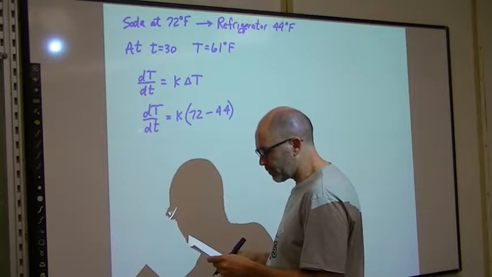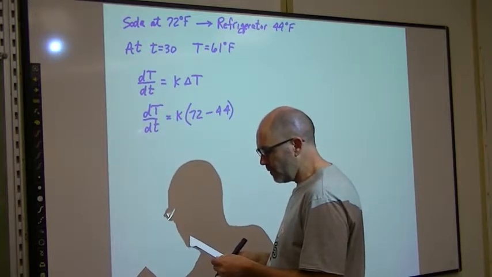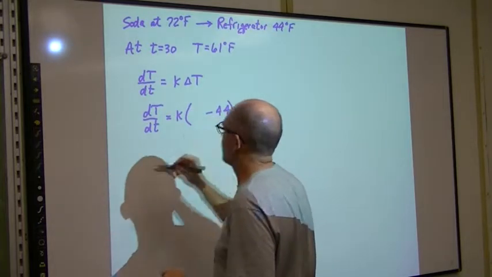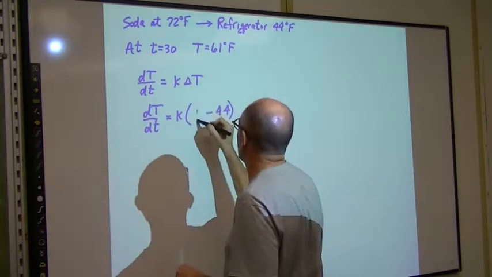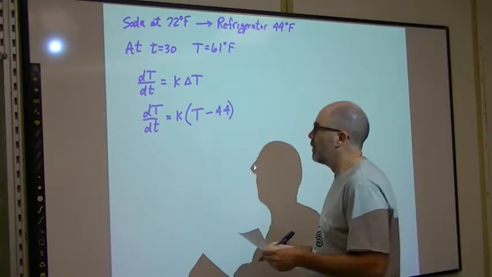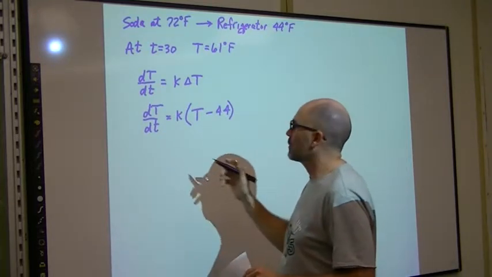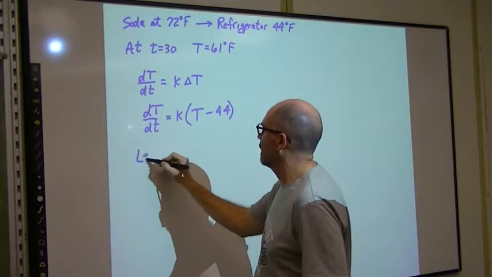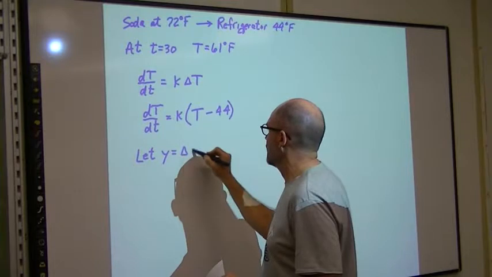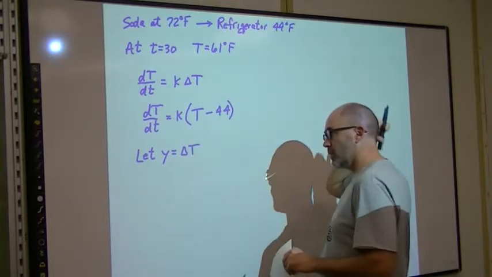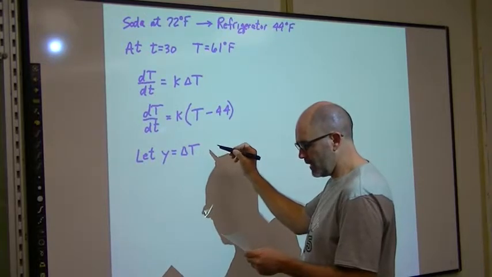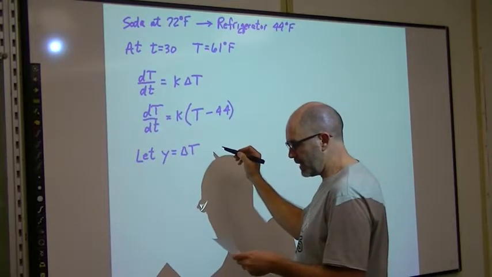So, actually, let's just keep this. T minus 44. Okay, so now what we're going to do is we're going to let y equal delta T. So y equals T minus 44.